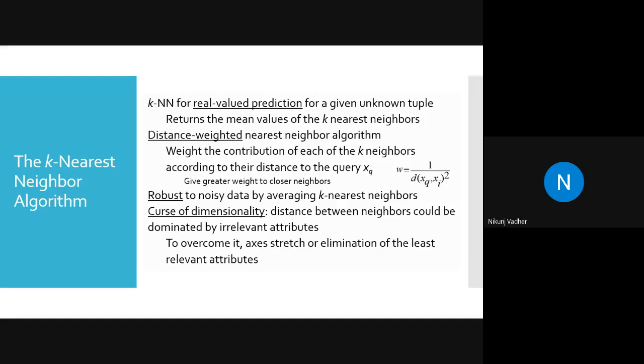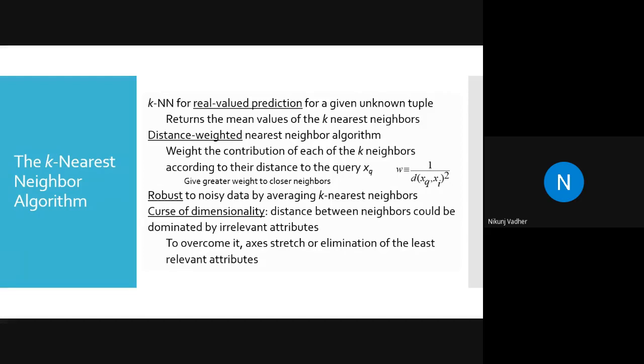And if it is far, then the distance will be more, and the weight will be low. Depending on the weight, we will assign the label to the new sample. So this is weighted k nearest neighbor.